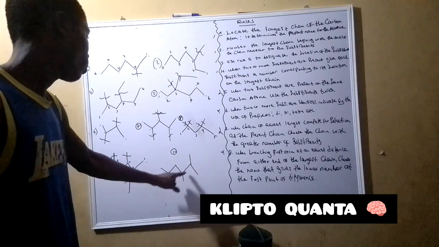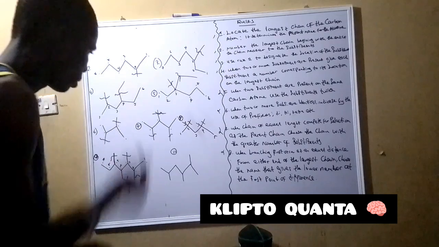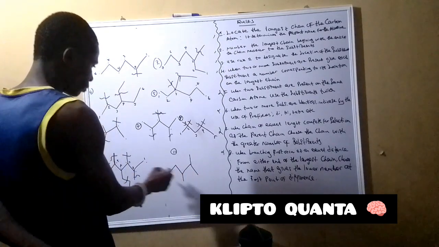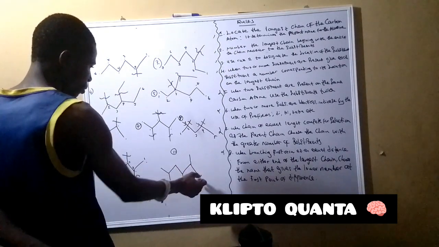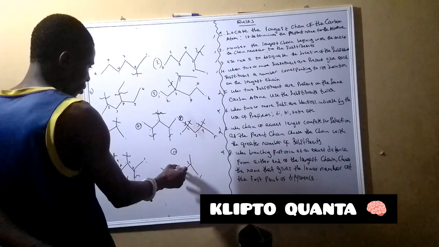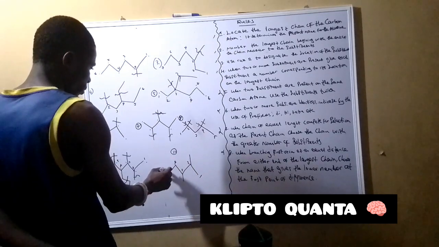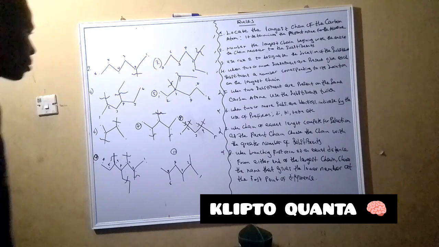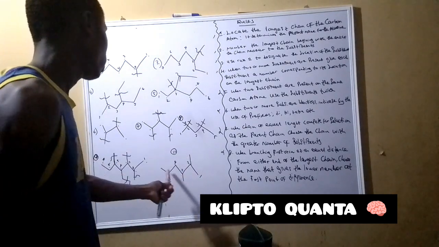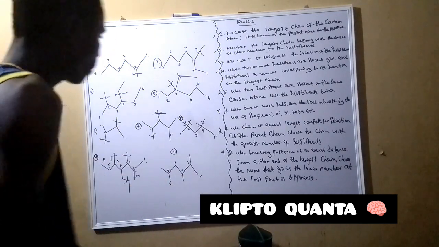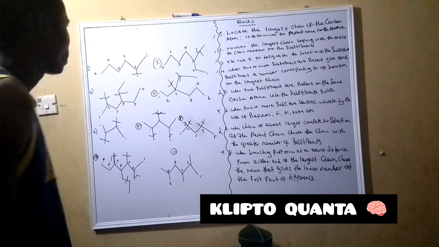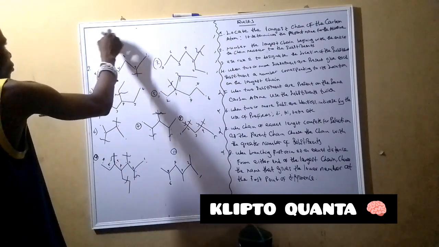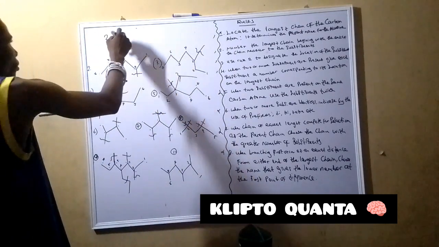1, 2, 3, 4, 5, 6. So let's just count this. Where should I start from? I start from 1, 2, 3, 4, 5, and I have 6. Are you with me? So I have 2, 3, and 5. And this is hexane. So that will be 2, 3.